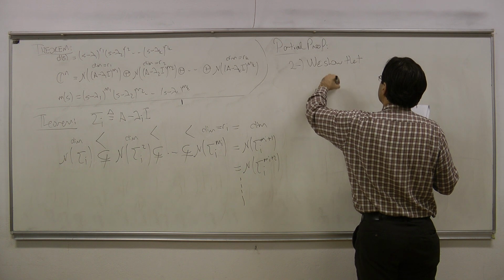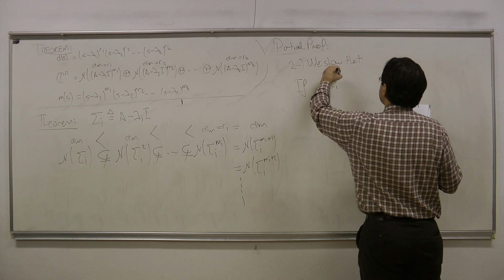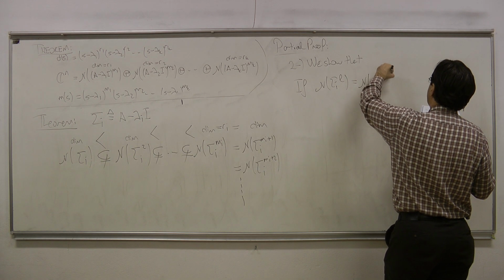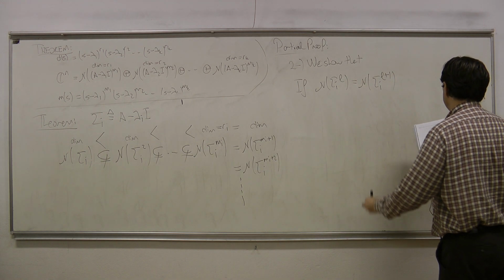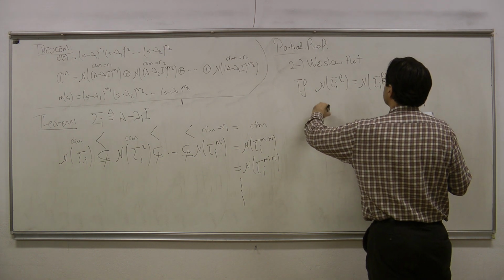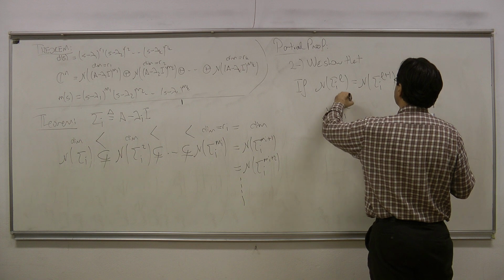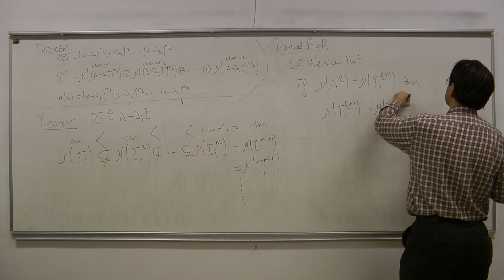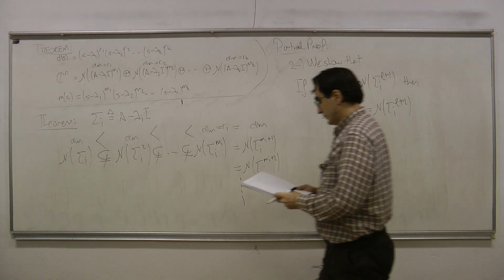if the null space of sigma I to the L is equal to the null space of sigma I to the L plus 1, then they would remain the same when I increase the power. Null space of sigma I to the L plus 1 is equal to null space of sigma I to the L plus 2.